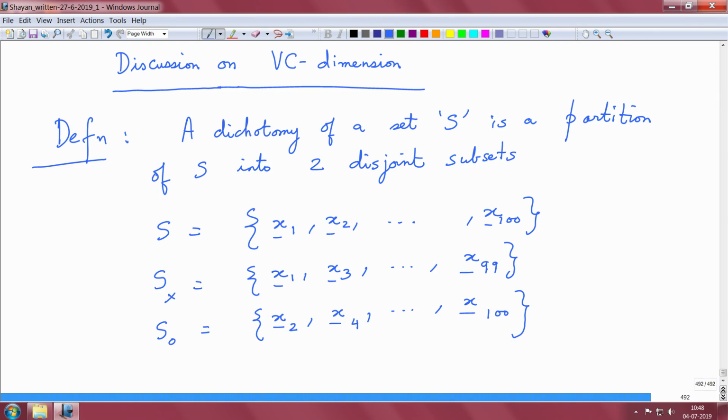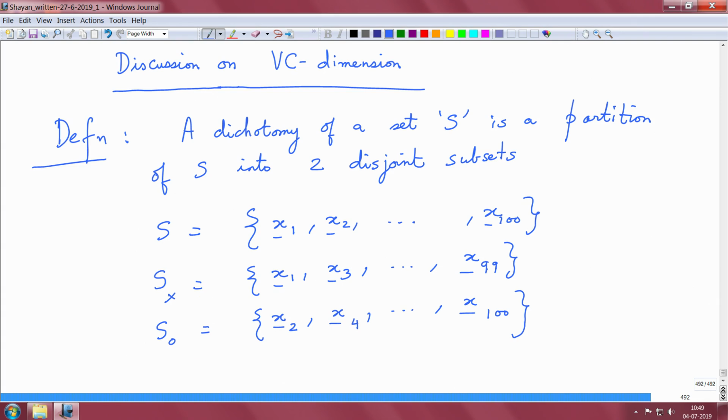Now, I can have a label, I mean if I want to say that all points in the set S cross are labeled 1 and all the points in the set S circle are labeled 2, that becomes a labeling problem, right.